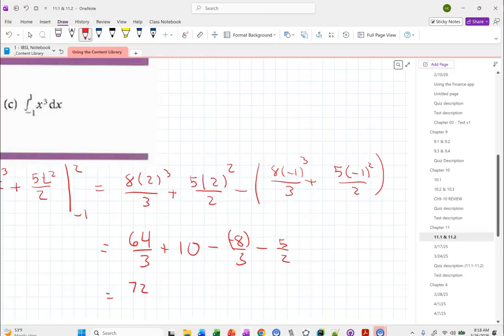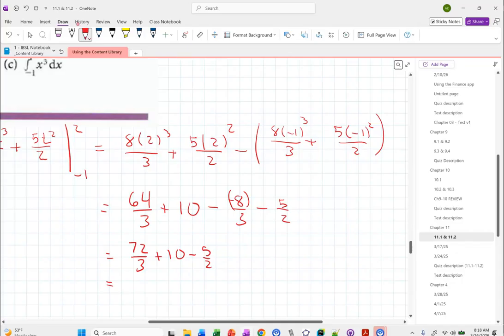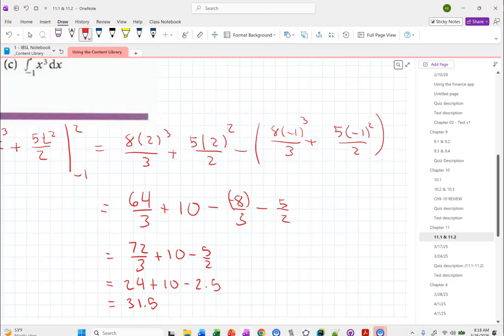So that's going to be 72/3 plus 10 minus 5 over 2. 72/3 reduces to 24. So I have 24 plus 10 minus 2.5, so that's going to be 31.5. Is everybody okay with what we did there?